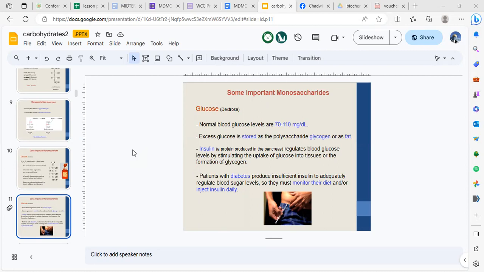So if you're diabetic and you monitor your diet, you won't be prone to organ damage. As long as you monitor your diet, or more expensively, you inject insulin. Insulin is expensive. That's why if you don't have the financial capability, the best way is to monitor your diet.